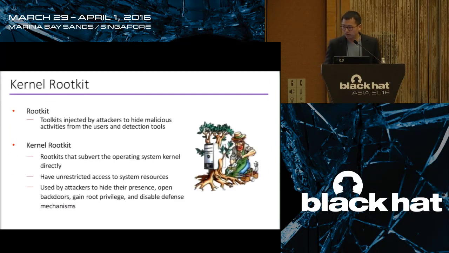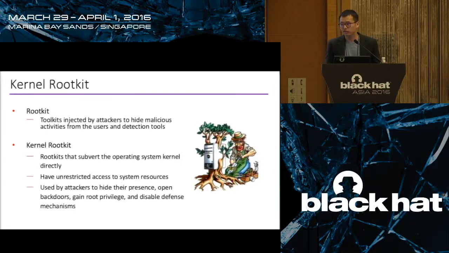Since we're at Black Hat, I assume that most of the audience is probably aware of the general idea of a rootkit. Basically, it is a type of software that an attacker injects into a computer, and they use it to hide their activities from the user or the detection tool. One type of rootkit that is very stealthy is the kernel rootkit.